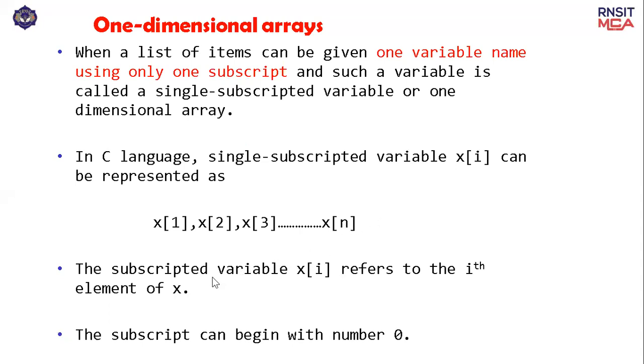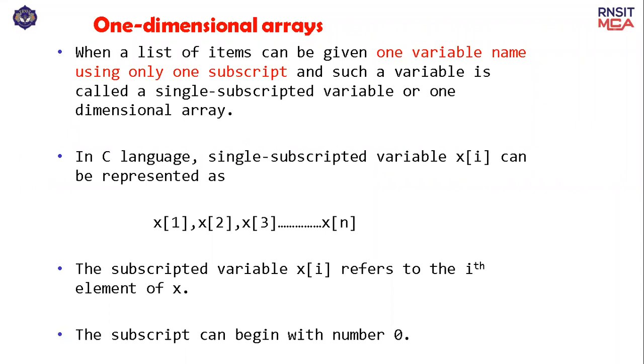If you want to access a particular element, you can write x of i, where i can be a variable which can vary the value from 0, 1, 2, 3, 4 up to n. Anyhow, we'll see that in the program.